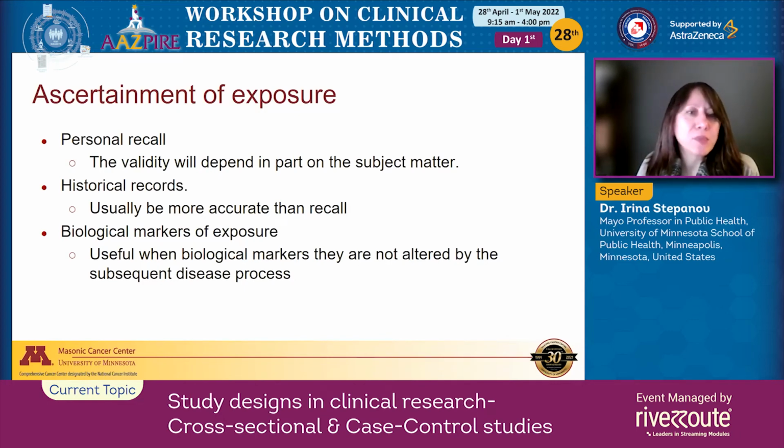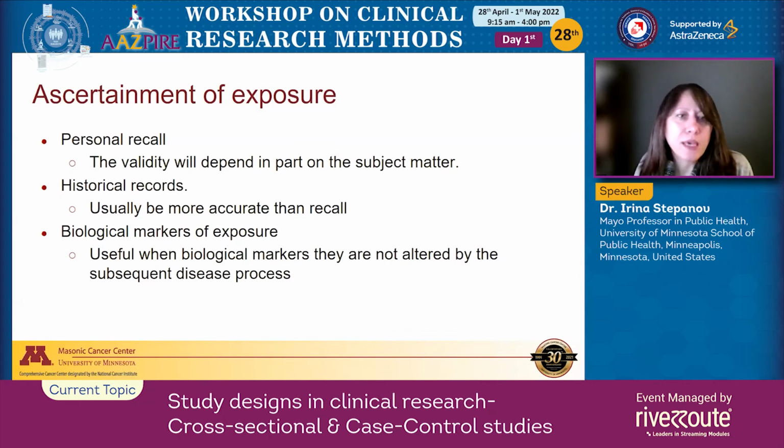You can get exposures from historical records, from some established records. For example, if you look at the study of the relation between some disease or some infection and then disease development, you can look at medical histories and see actual track record of infections as a risk factor.